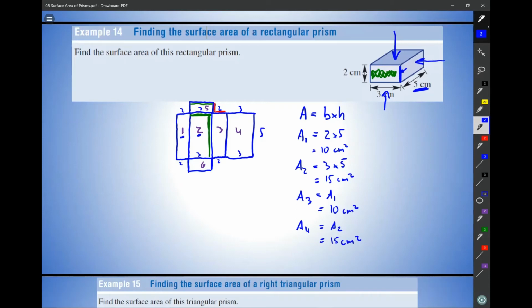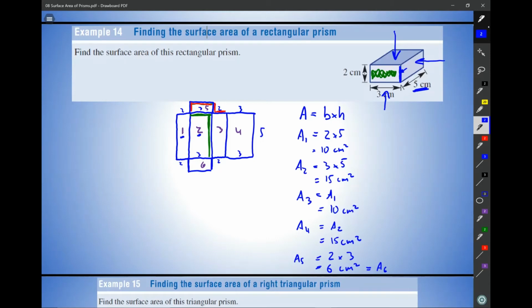And now let's do shape 5, which is going to be 2 times 3. I've run out of room here at the bottom, but we know that 5 and 6 are the same, so we don't have to recalculate 6. We know that it is just 6 centimeters squared.